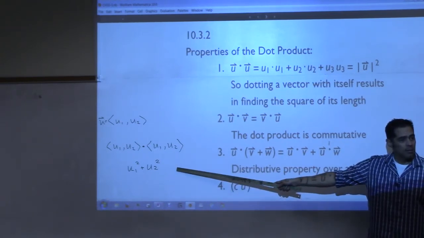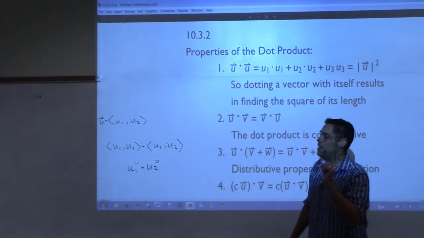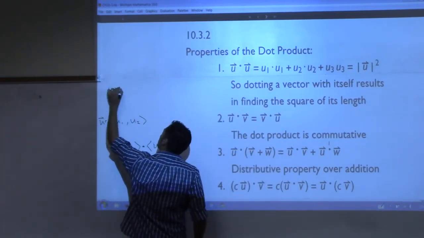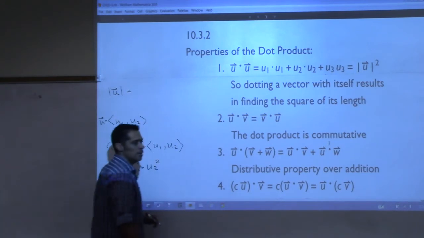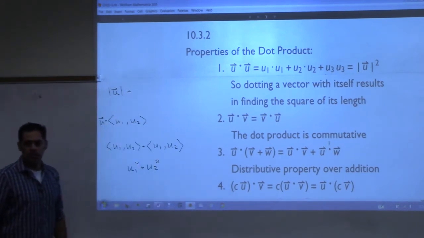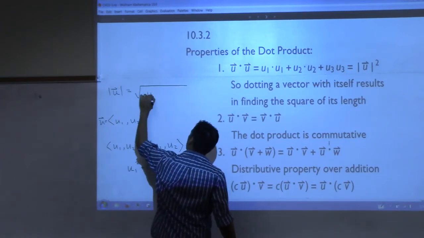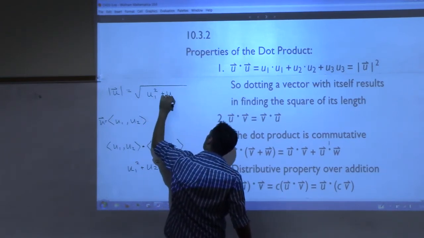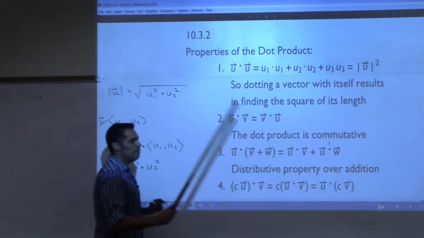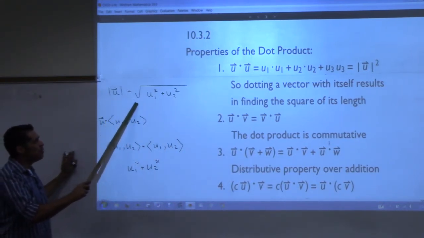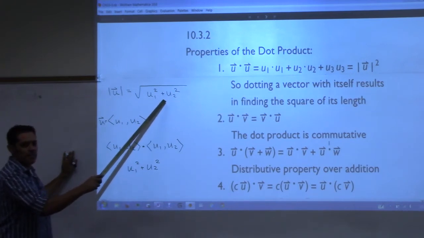Now, do you remember this from a couple of classes ago? What is the magnitude of a vector? The root of the squares of each of the components. The length of a vector is the square root of the sum of the squares of the components of the vector.